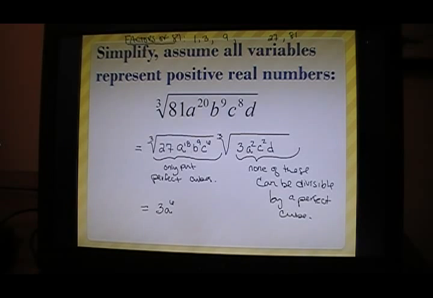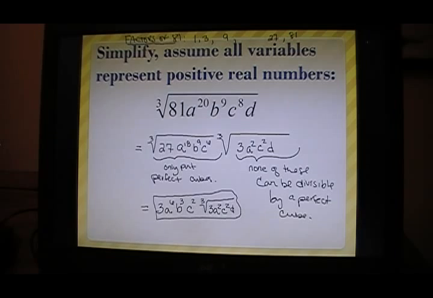The cube root of b to the 9th is b to the 3rd. The cube root of c to the 6th is c squared. And then we have times the cube root of 3a squared c squared d. Right? That remaining part that cannot be simplified.